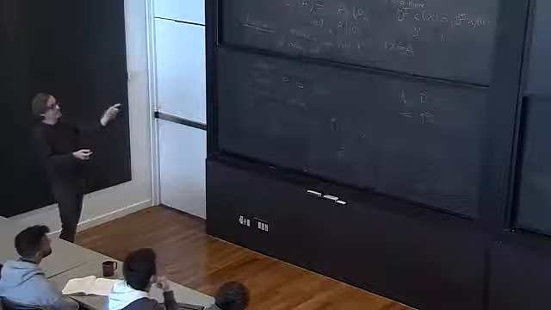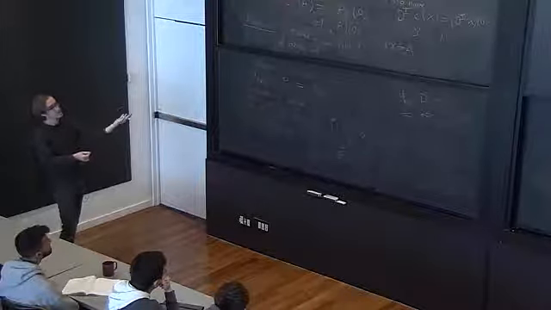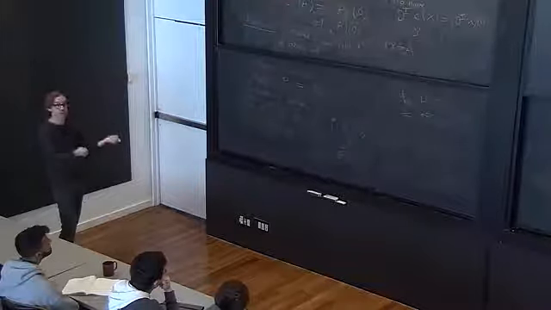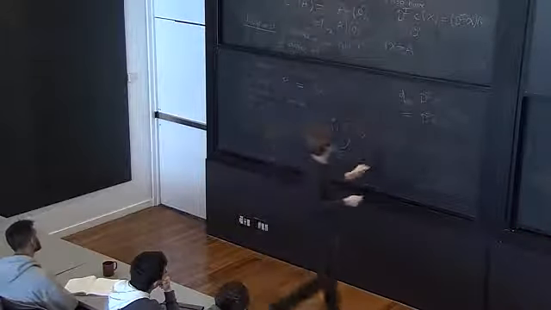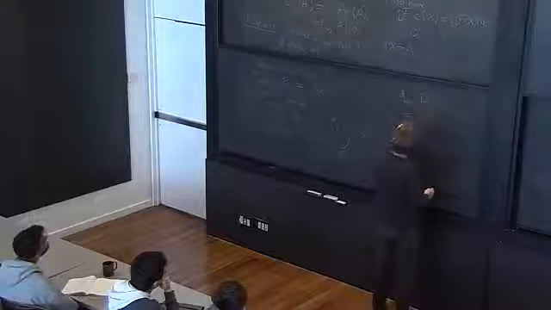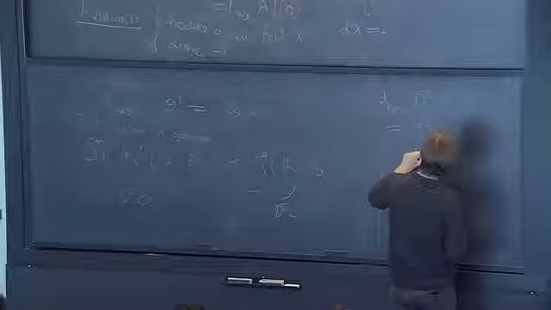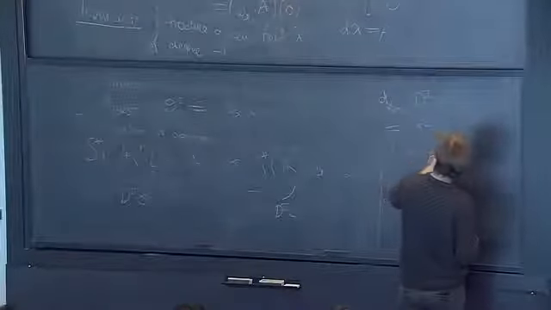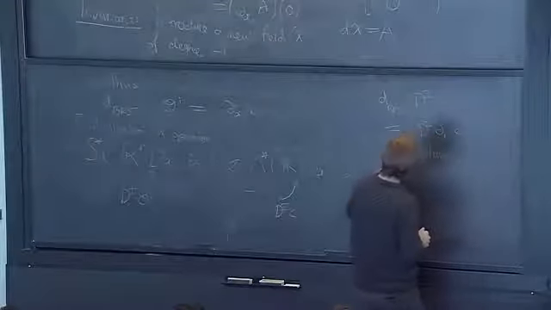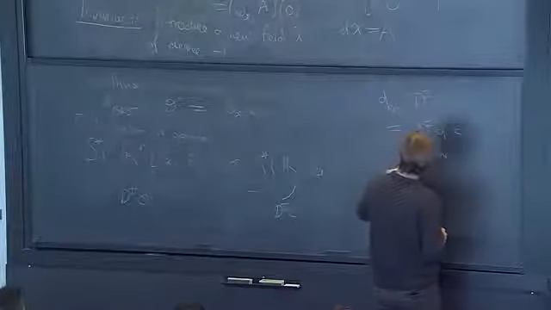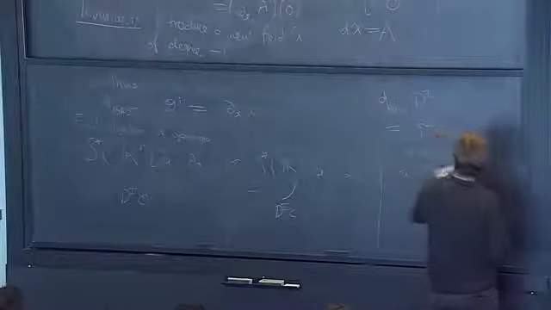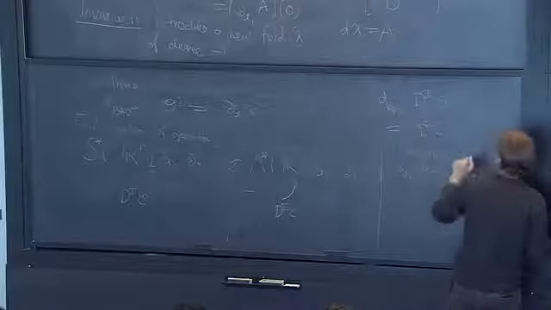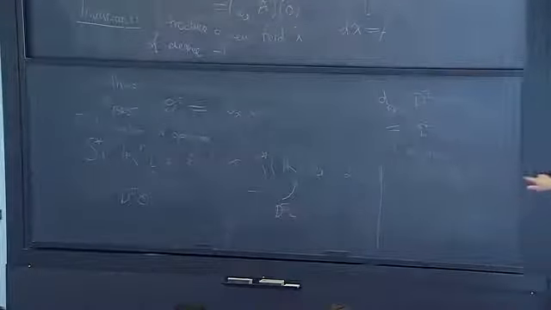So you can check that, for instance, you expect the gauge invariant operators to be the curvature. So what's the curvature? It's going to be given by something like ∂_i A_j minus ∂_j A_i. These will give you the components of the curvature, and these should be gauge invariant.